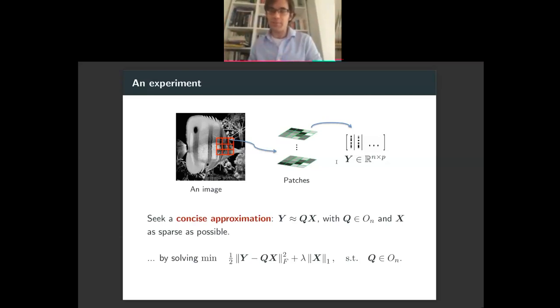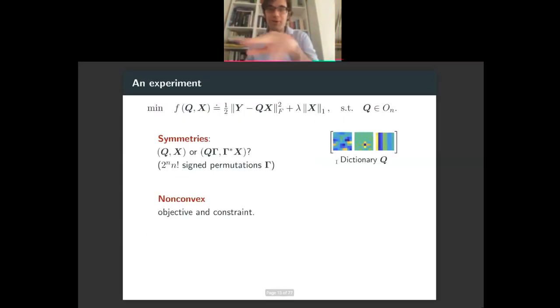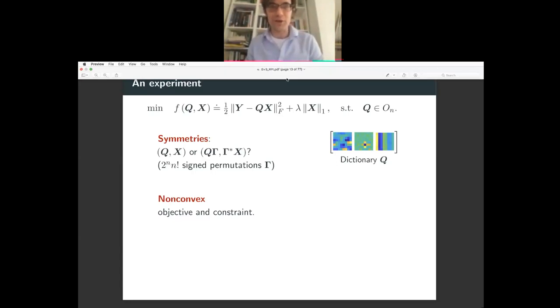I'm just going to pick a starting dictionary Q at random. Because of the properties of the objective function, I can easily solve for Q with X fixed, and solve for X with Q fixed. So I'm going to pick a starting point at random and bounce back and forth until I'm happy with the result. We're going to take a look at what that looks like.